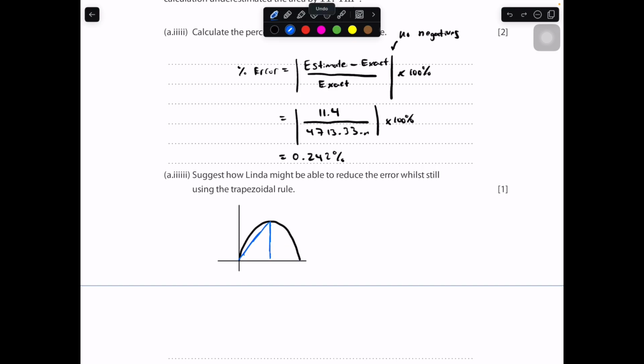But if we have, let's say, 1, 2, 3, or 4 intervals, then now we improve on the error because we get closer to the curve. So with 3 or 4 intervals, the more intervals we have, the more accurate we'll be. So how she might reduce the error, she can use a greater number of intervals.